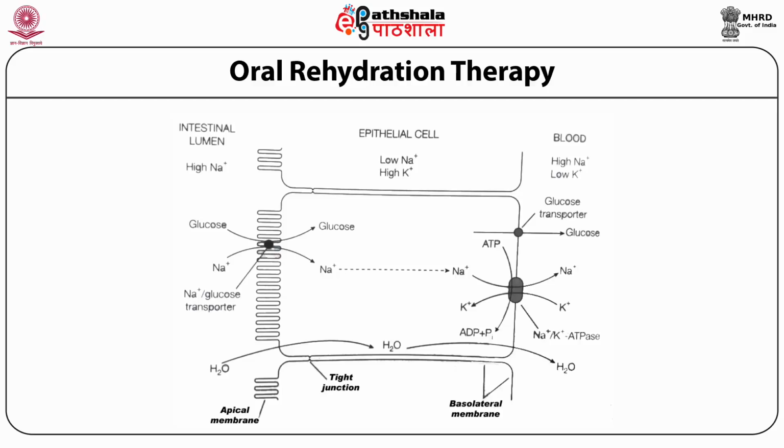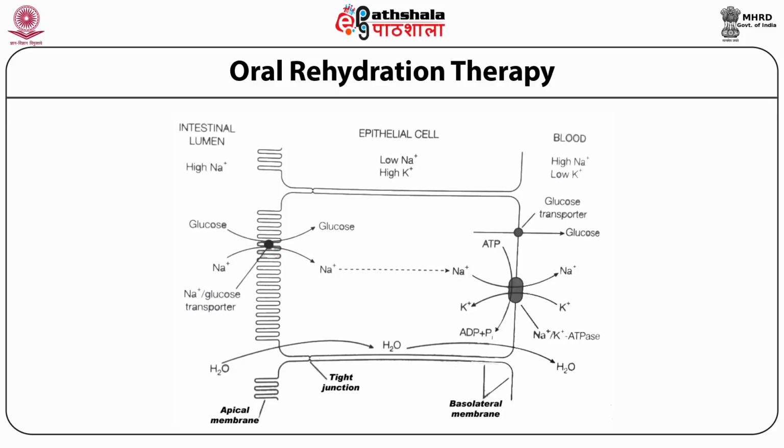In this ion-driven active transport, the energy is derived from the transport of the sodium ion down the concentration gradient. The glucose concentration gradient is maintained by facilitated diffusion of the glucose to outside of the cell by a uniporter called glucose transporter.